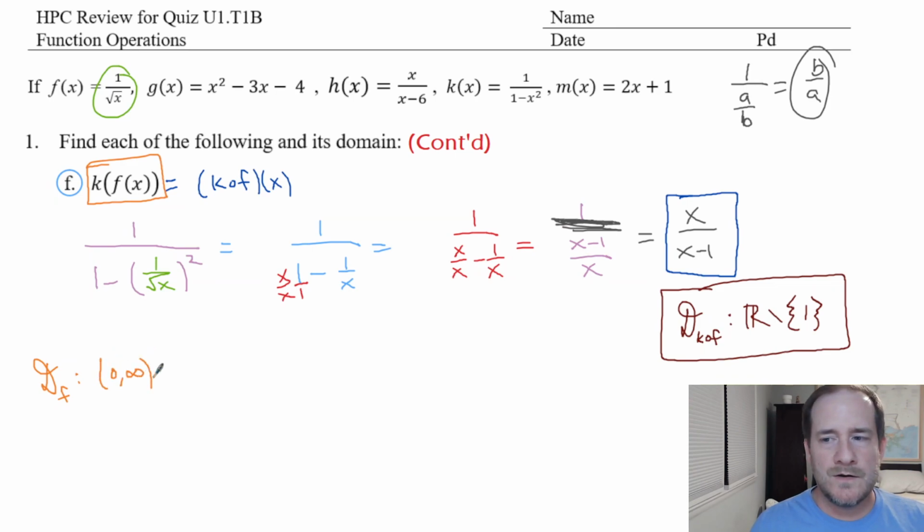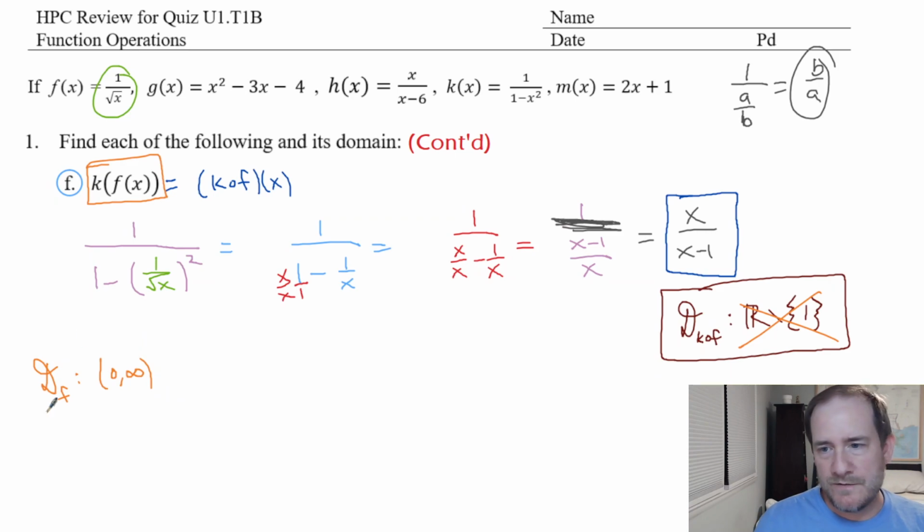So we are immediately limited to 0 to infinity, which is a hell of a lot fewer domain elements than this, right? So yeah, if you did this, you're totally wrong. Do not base your answer on this. That's the moral of the story. You can't go off of the algebraic rule that you generate. You have to come back to the original definition of the function and really think it through.